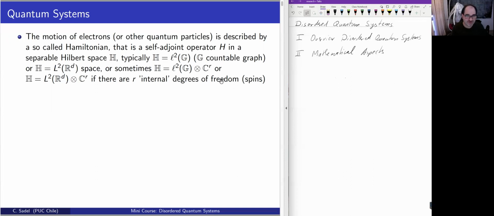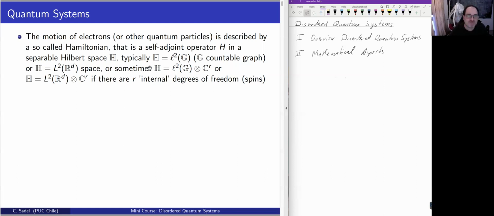So if you have a quantum system, then the motion of the electrons or the particles is typically described by a so-called Hamiltonian. That's a self-adjoint operator in a separable Hilbert space, and typically we use the L2 space over some countable graph in the discrete setting, or we use the space of L2 integrable functions on R^d.